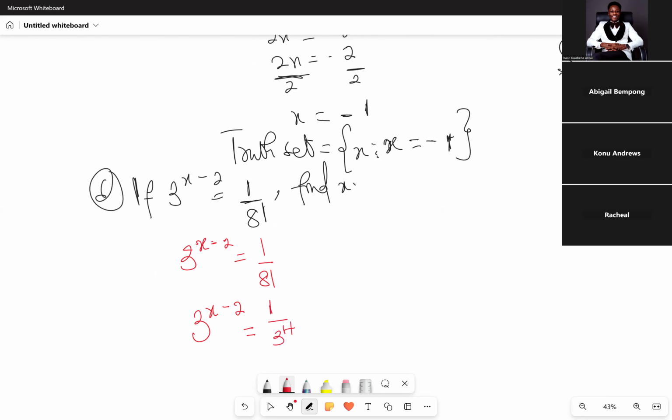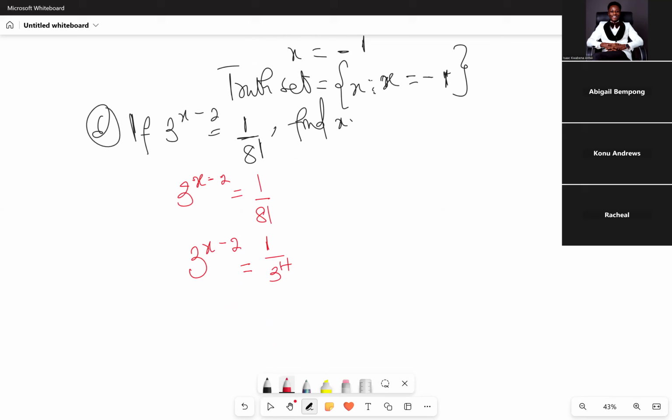For this, I try to use the reciprocal of it. Of course. So 3 exponent x minus 2 equals 3 exponent -4.